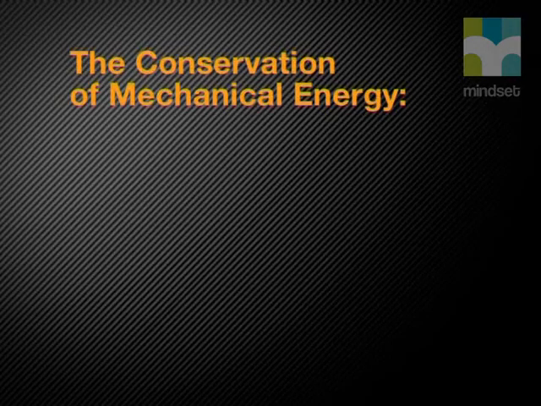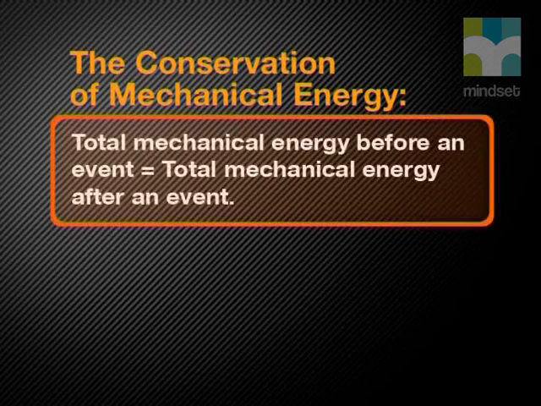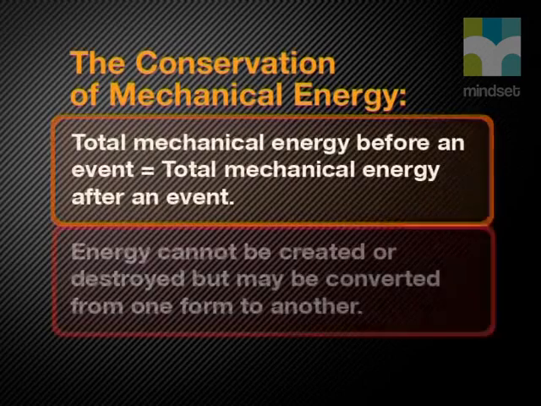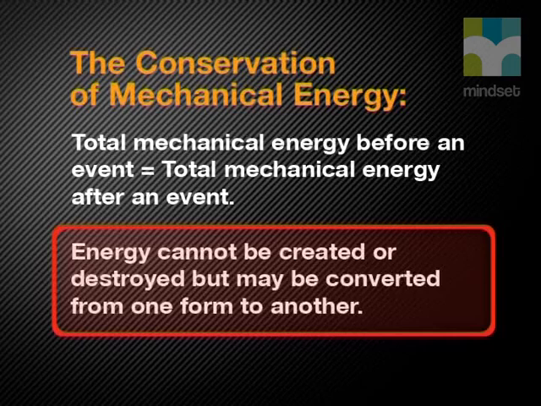We've discussed and calculated the two forms of mechanical energy, potential and kinetic energy. I think it's time to look at the conservation of mechanical energy. The principle of the conservation of energy states that the total energy of a system remains constant. Energy cannot be created or destroyed, but may be converted from one form to another.